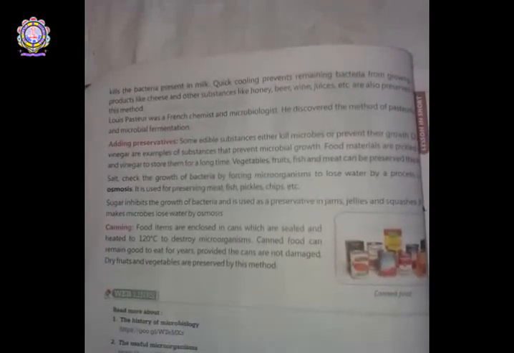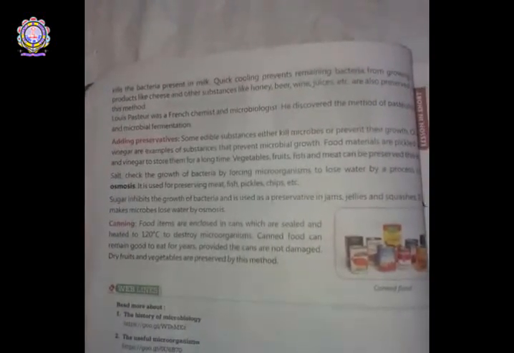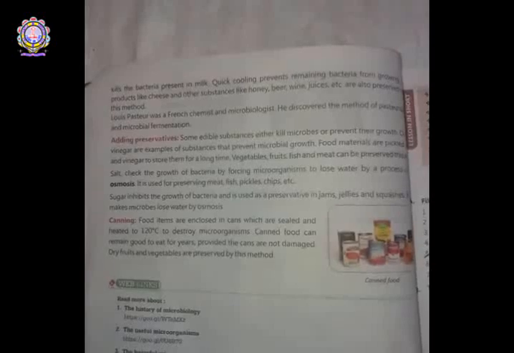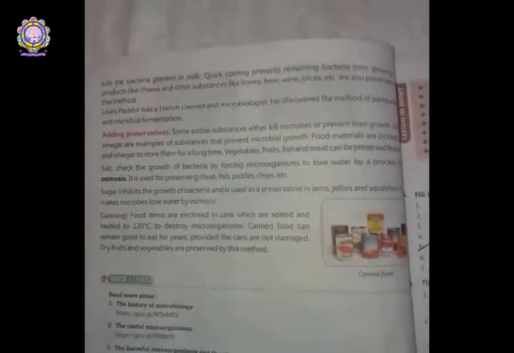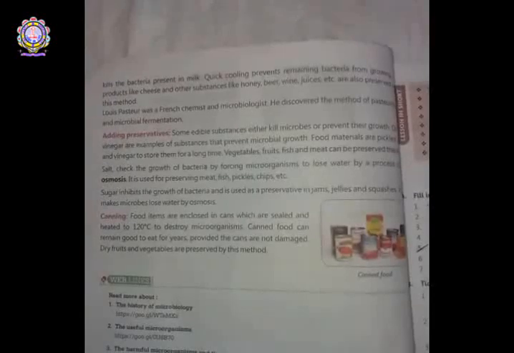It is used mostly for pickles. Oil and vinegar are used for storing pickles for a long time. So oil and vinegar are the most important preservative substances. Some vegetables, fruits, fish and meat can also be preserved with this substance sometimes.